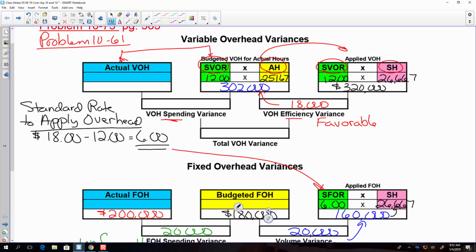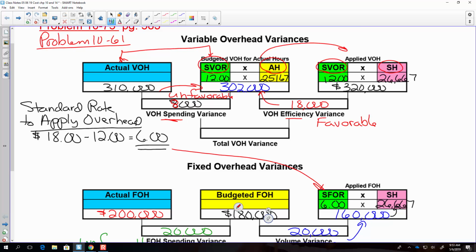And then actual overhead is 310. It's an $8,000 difference. Liz, what direction? We spent more, right, than what we thought we should spend.